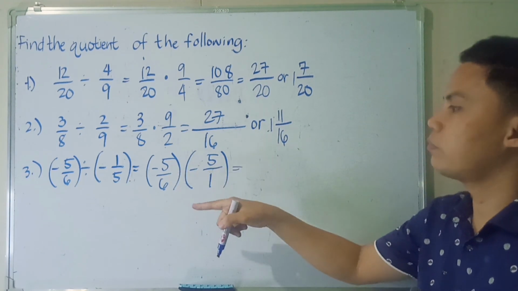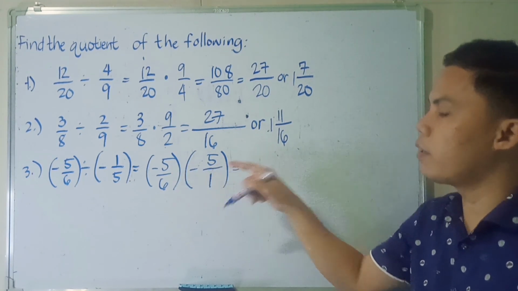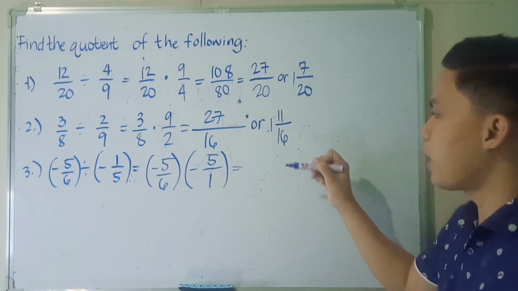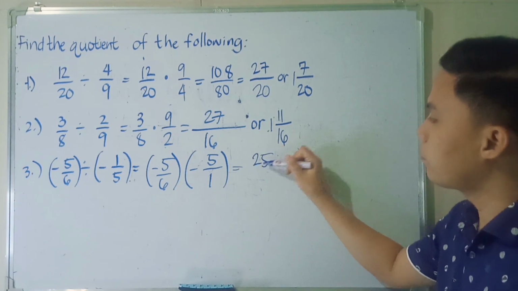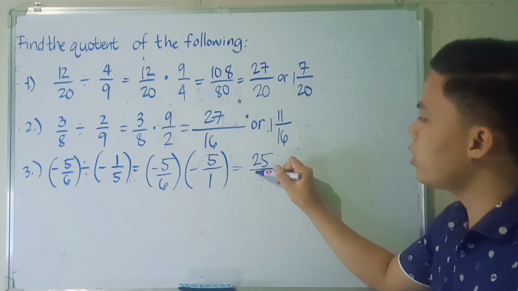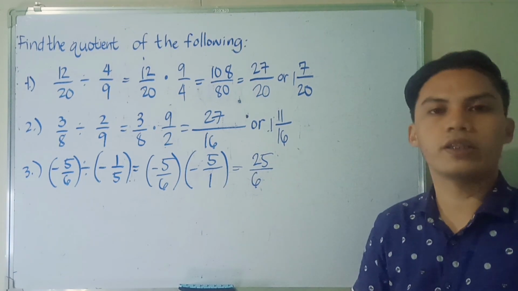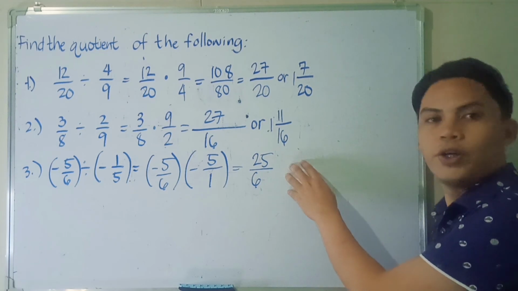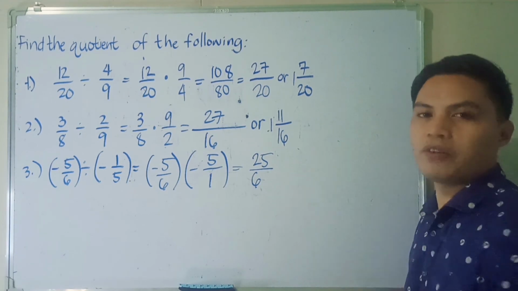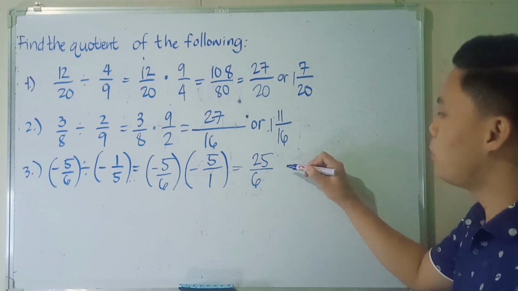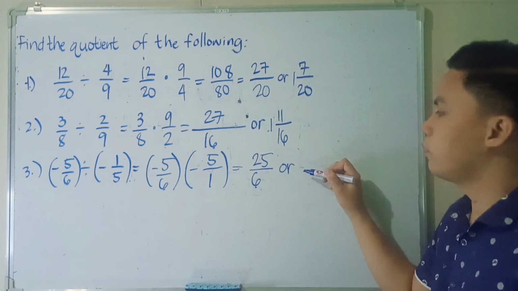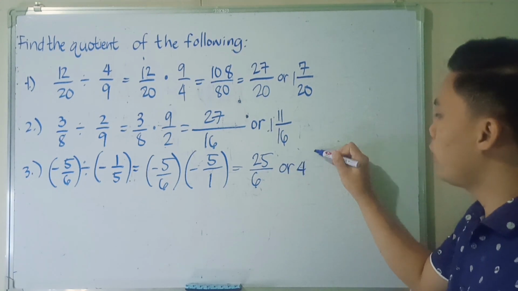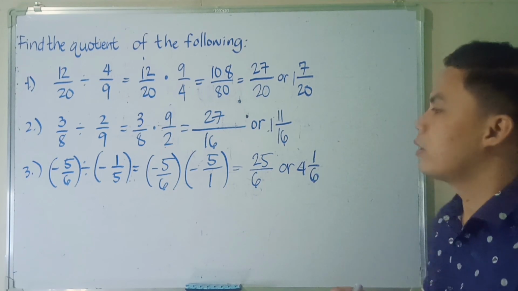Negative 5 times negative 5, that is equal to positive 25. And 6 times 1, that is equal to 6. So, wala silang common factor except 1. So, this would be our final answer. Or, we can transform this one into mixed fraction. So, we can have 4 and 1/6. Now, it's your turn. Try to answer the following questions.